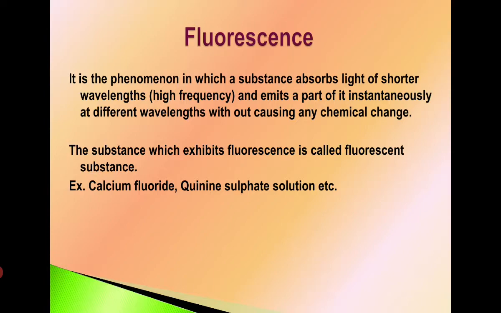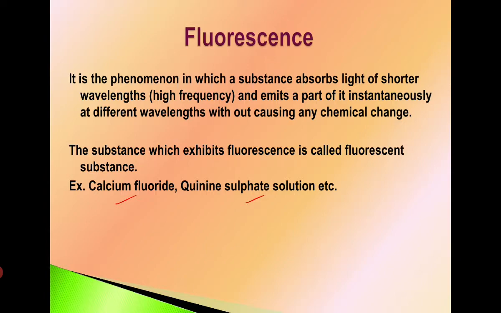For example, we have calcium fluoride, quinine sulfate solution, etc. Naturally occurring calcium fluoride shows fluorescence. And we have some more examples: fluorescein, a substance which gives yellow-green light, and quinine sulfate solution, which shows a blue color due to this effect.